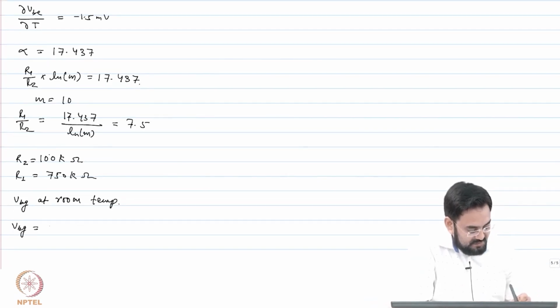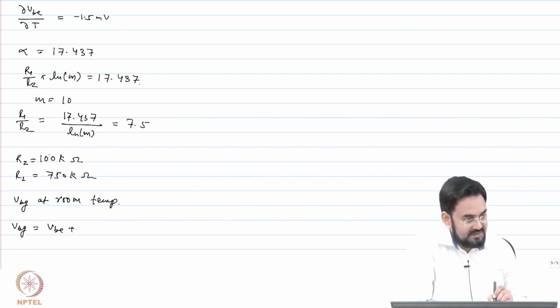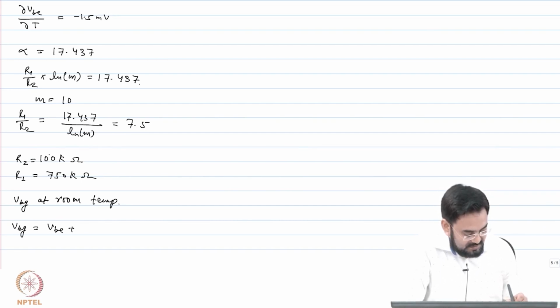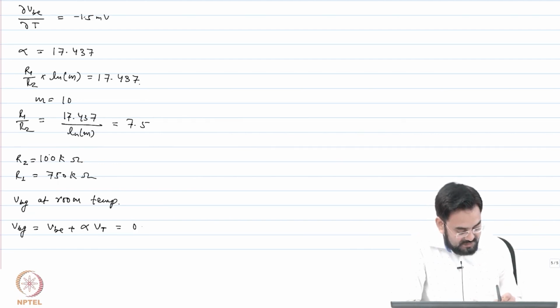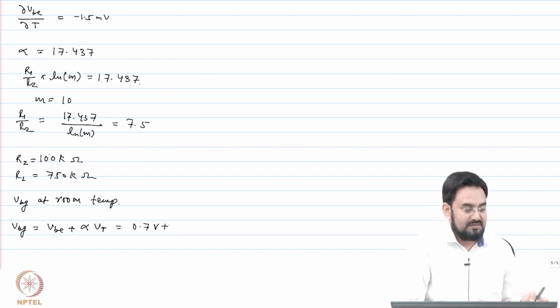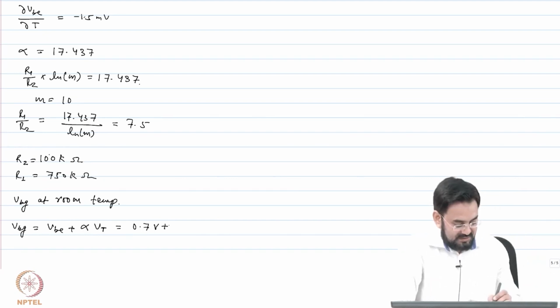So VBG equal to VBE plus, what did you have, alpha VT. Correct. So how much is the VT? VBE is 0.7 volt plus 17.43 multiplied by 26 millivolt. How much is that?